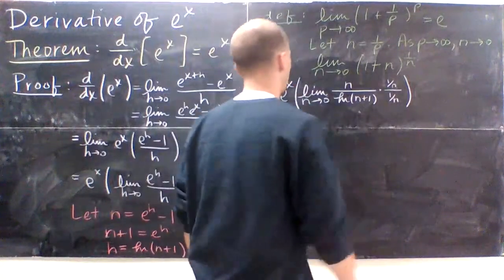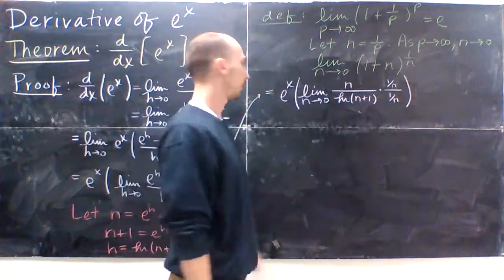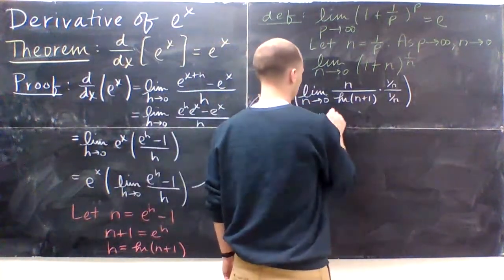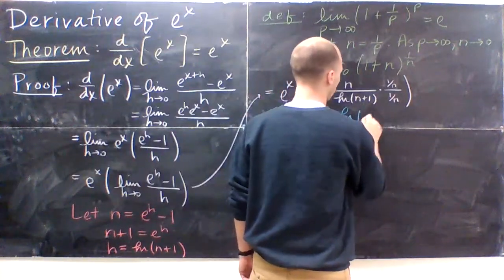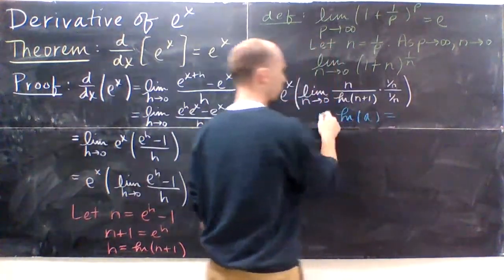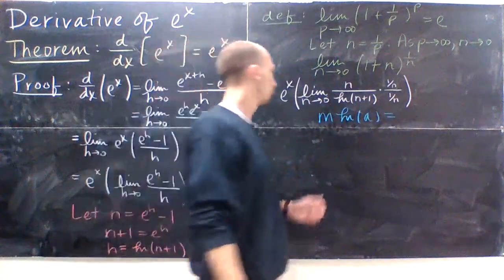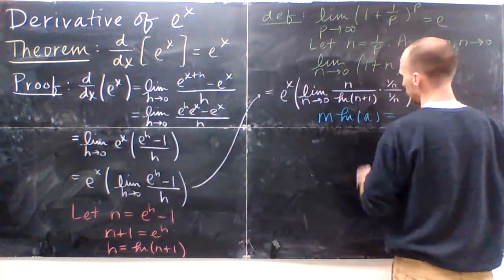So if I've got something multiplied on the outside, like m times the natural log of some argument, what I can do is take that and make it an exponent. Okay, so this is the natural log of a to the m.